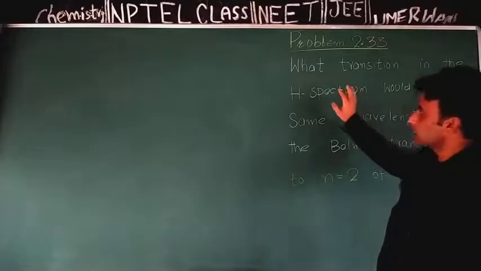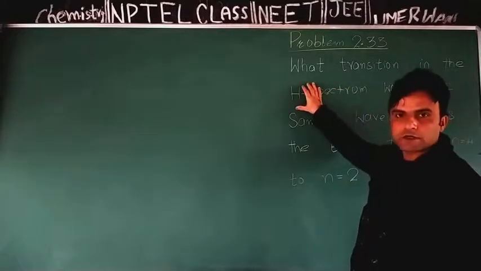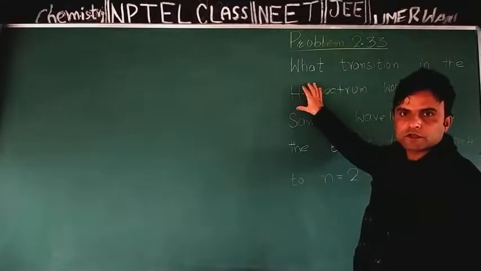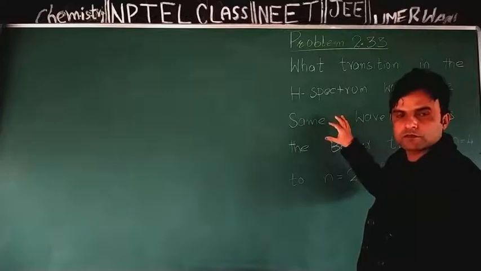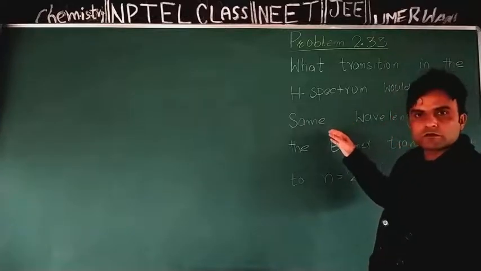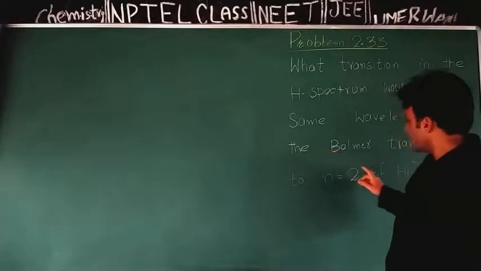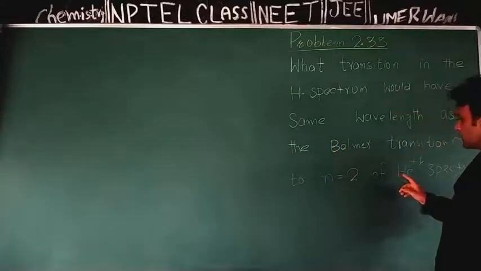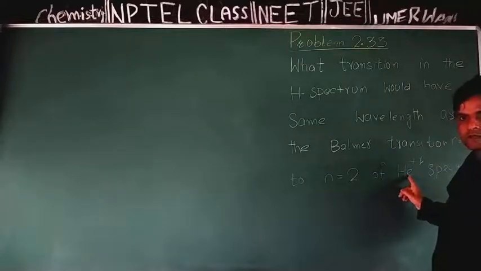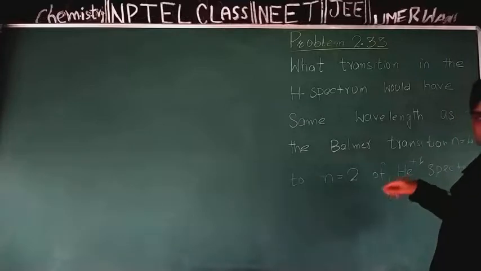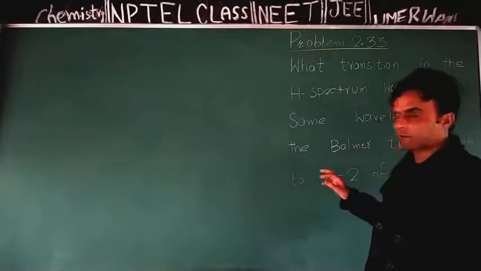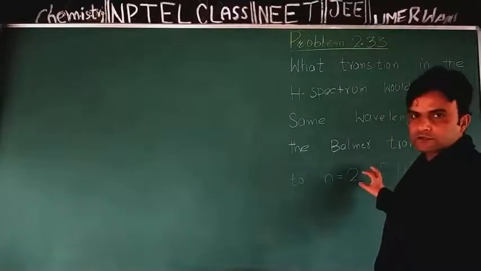So for the transition occurring in hydrogen atom, it is given that the wavelength of quantum of radiation emitted will be equal to the wavelength emitted during transition in case of helium ion. So the wavelength of quantum of radiation emitted in both the transitions is same.